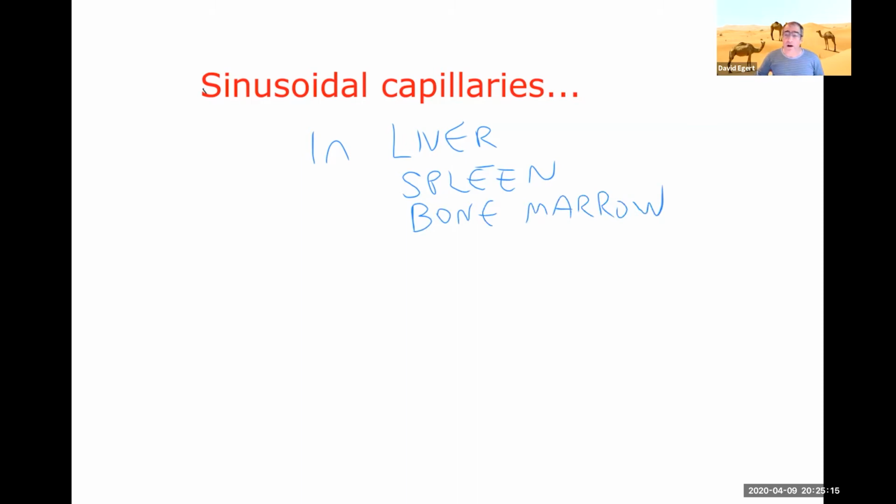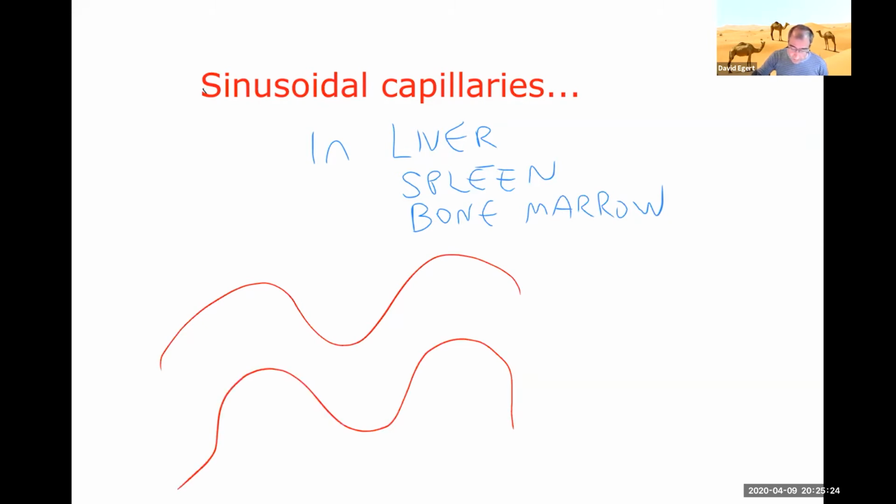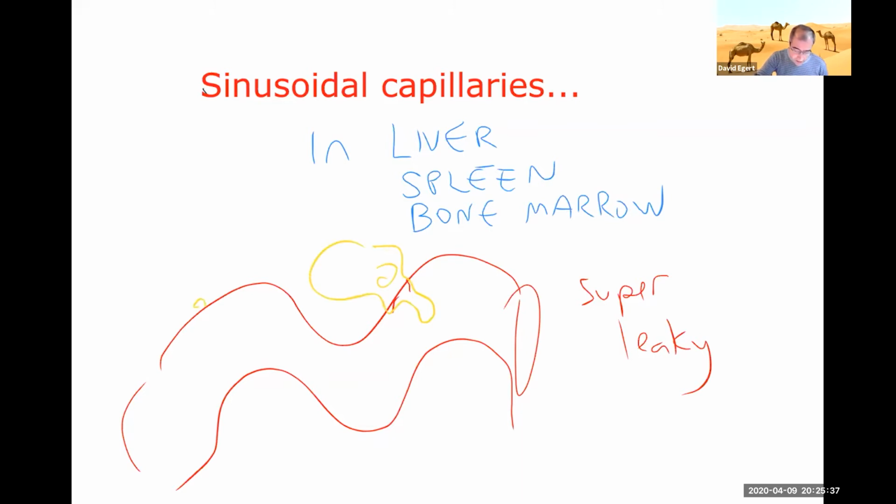These are where the blood goes through really slowly, where the blood can get processed. So not only are they super leaky, but there can actually be breaks in the wall, so white blood cells can reach in and process and clean up stuff. They're very twisty and turny, so the blood slows down, which gives the surrounding tissue time to process what's going on in there.